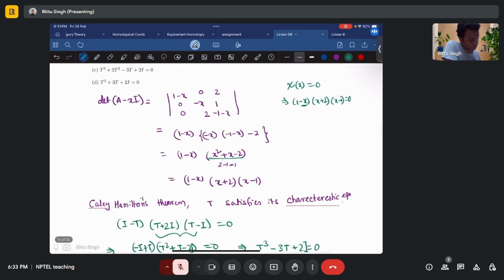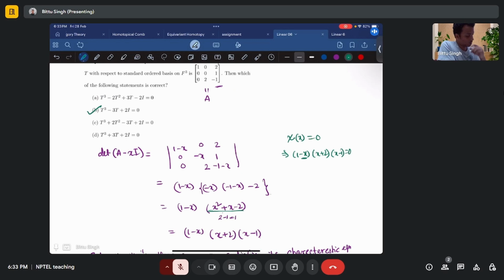So T cubed minus 3T plus 2 identity. So this is correct.